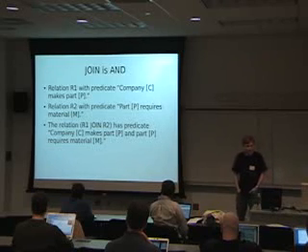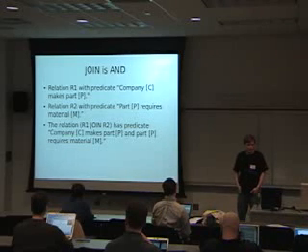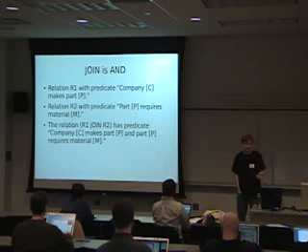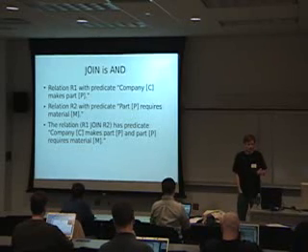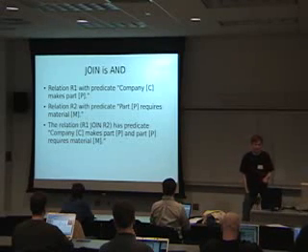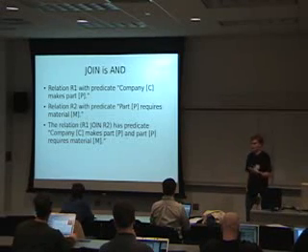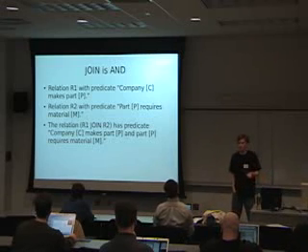So here we have, for example, join is AND. If you have relations R1 and R2, where the predicate of R1 has the meaning company C makes part P, and the relation R2 has the meaning part P requires material N, if you join those, the resulting relation is simply the logical AND of those two original predicates.